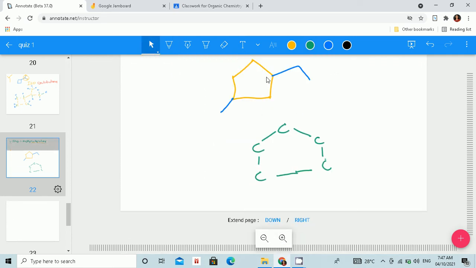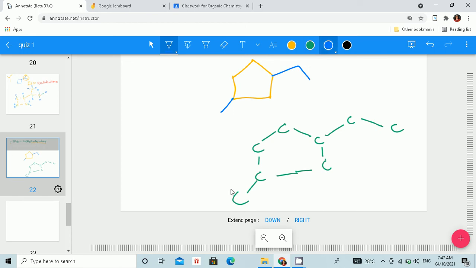And then we will also write the substituents. We have ethyl, so C, then C. Then we have a methyl here, which is C.